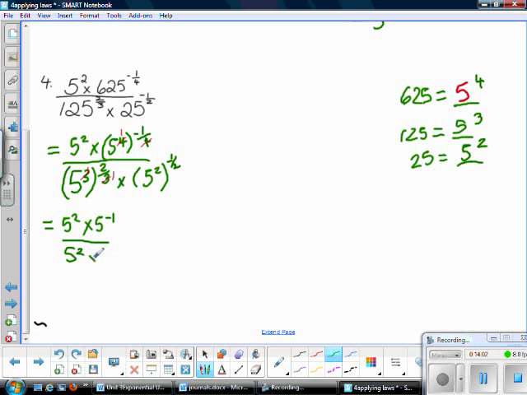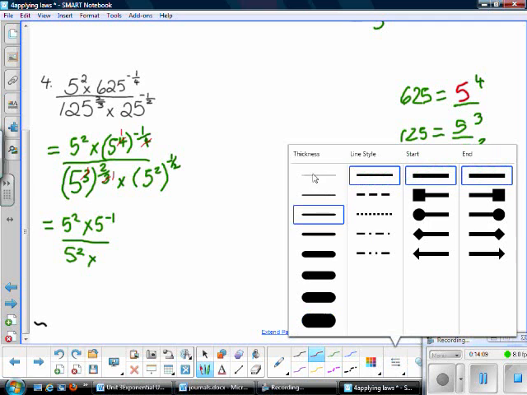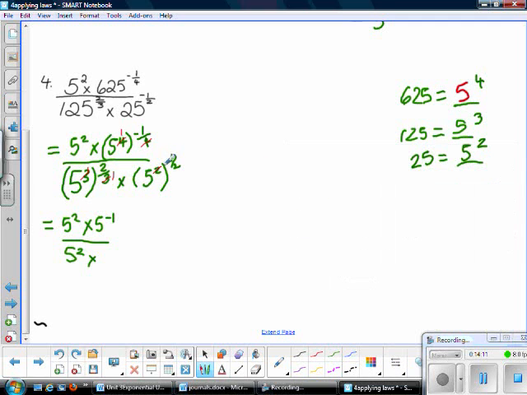And for the last one, our 2's, our squareds, are going to cancel with the denominator of the 1/2. And so I'm left with 5 to the power of -1.